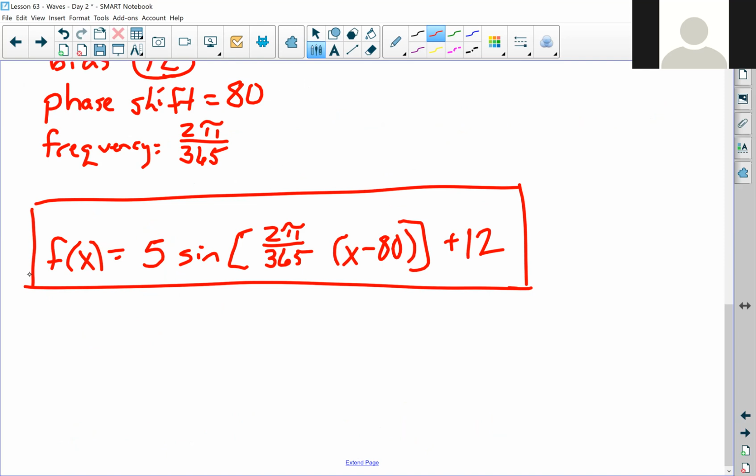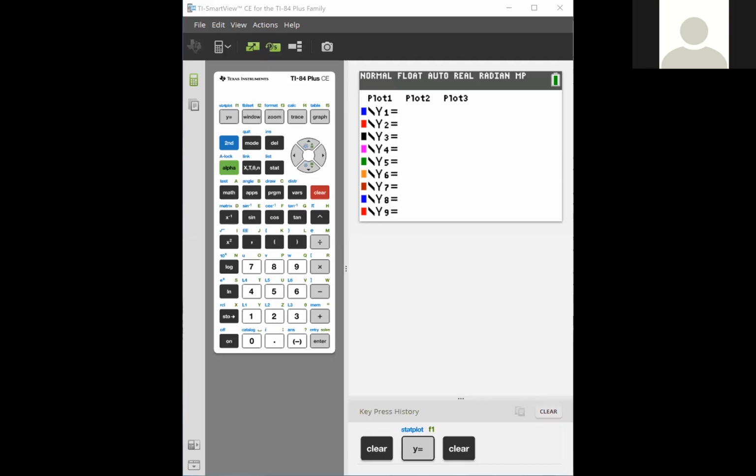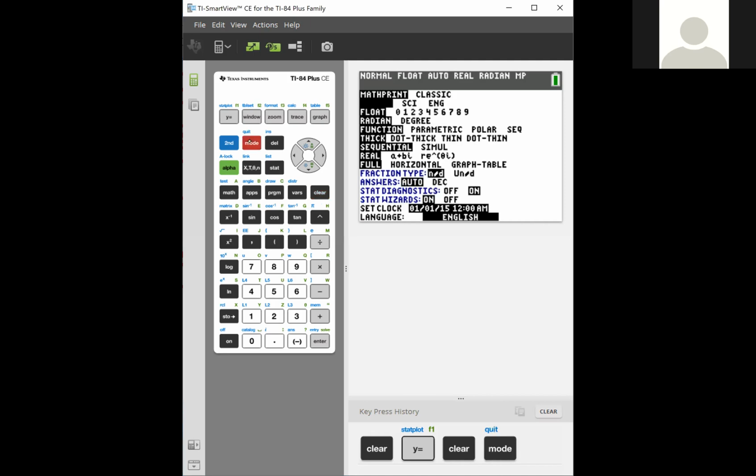And you can test it and find out. If you do test it on your calculator, you want to make sure your mode is set to radians and not degrees, because we're saying 2 pi as part of our frequency.